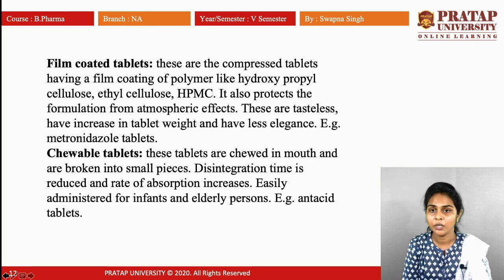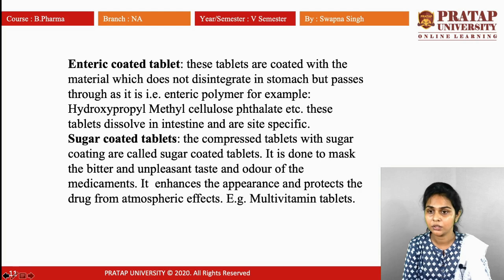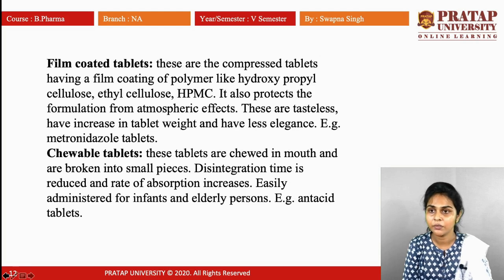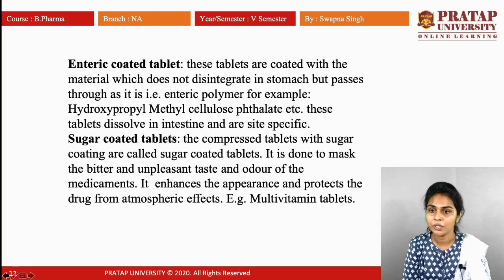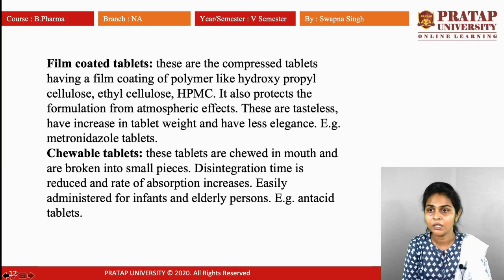Next is film coated tablets. Film coated tablets and sugar coated tablets are similar, but the difference is that in sugar coated tablets we apply a sugar coating, and in film coated tablets there are polymers like hydroxypropyl methyl cellulose and ethyl cellulose.